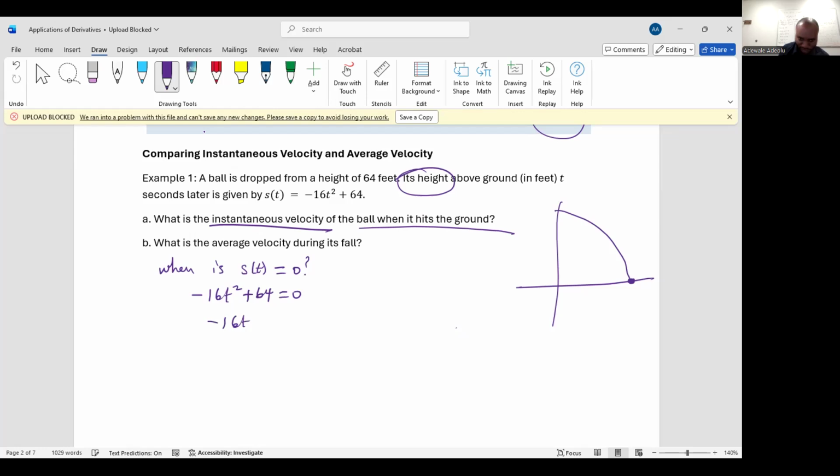So negative 16t squared equals negative 64. t squared equals 64 over 16. Negative cancels negative, and that is 4. And t is plus or minus 2 seconds. But we cannot have negative times, so t equals 2 seconds. So it takes 2 seconds to move from here to get that.